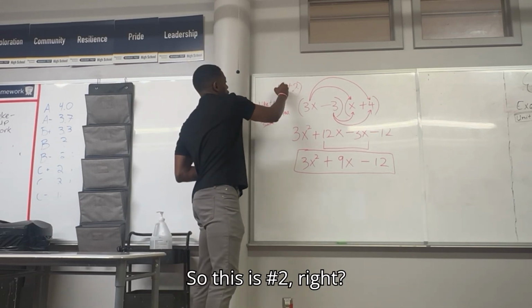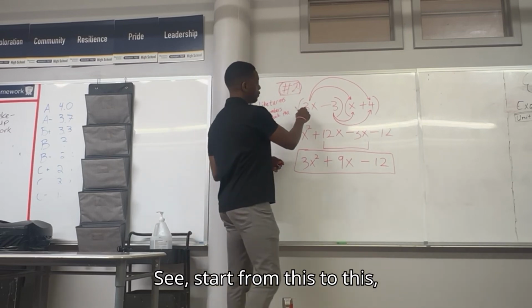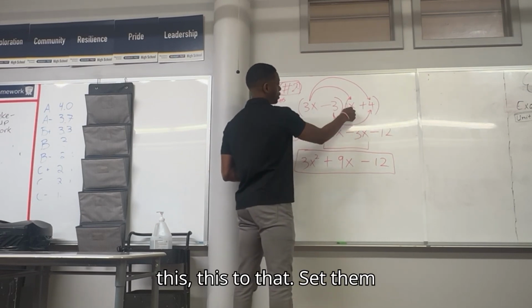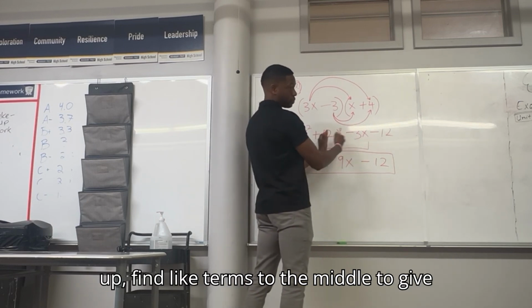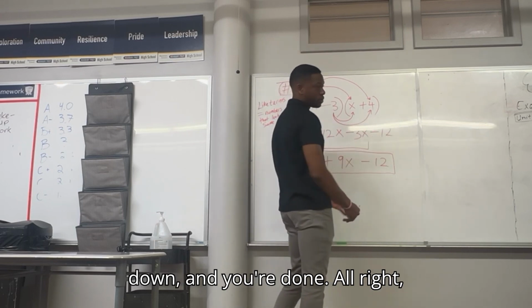So this is number 2. See it? Start from this to this, this to that, this to this, this to that. Set them up, find like terms to the middle to give you this, bring this down, and you're done.